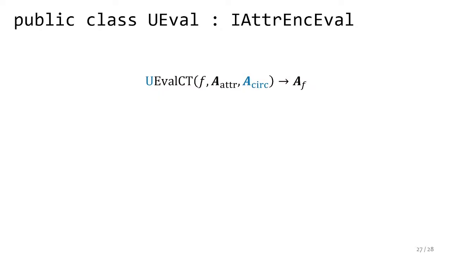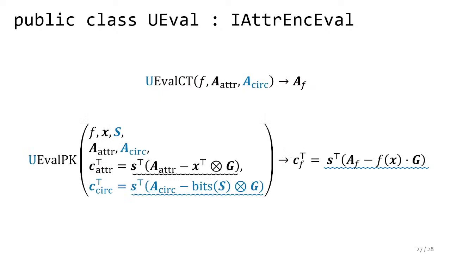So if you have a function and you have a matrix, well, it should be A_ID, but the A attribute is just A_ID, and you have A_circ, which is the public matrix you use to authenticate the circular ciphertext, then you can obtain a matrix corresponding to the function f. This matrix will have size, modulus, and dimension, both independent of the depth and size of f. And then you can do this unbounded evaluation of ciphertext.